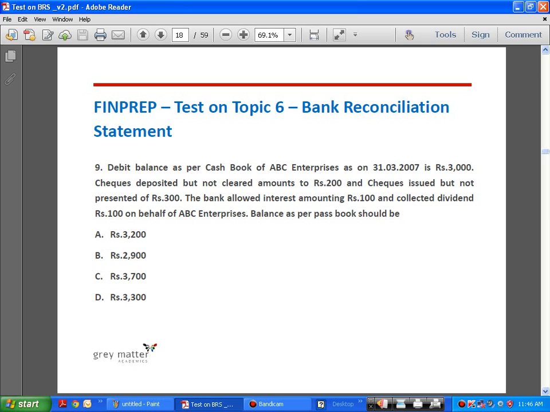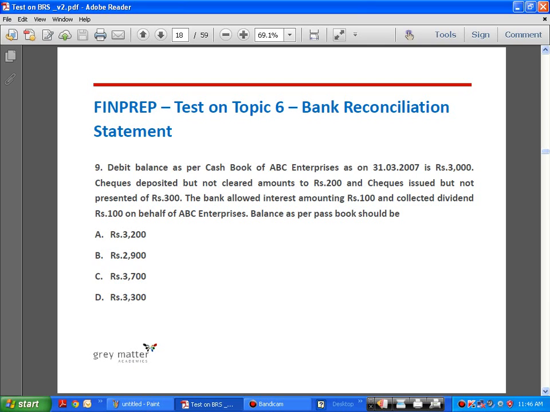Checks deposited but not cleared amount to 200, which implies that the balance as per cash book is higher than the balance as per passbook, so we have to subtract 200. Now we come to 2800. Checks issued but not presented means the cash book balance is less and the passbook balance is more, so we have to add 300. To 2800 we add 300 and get 3100.